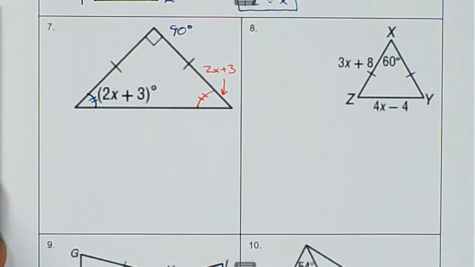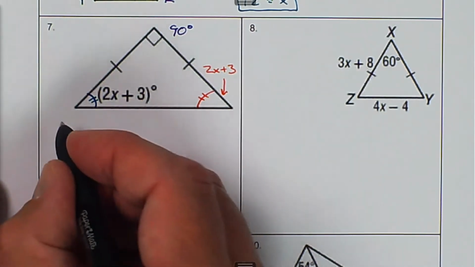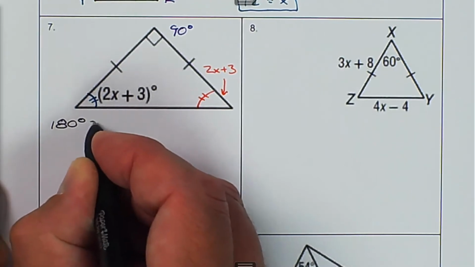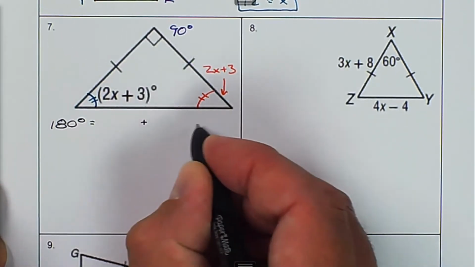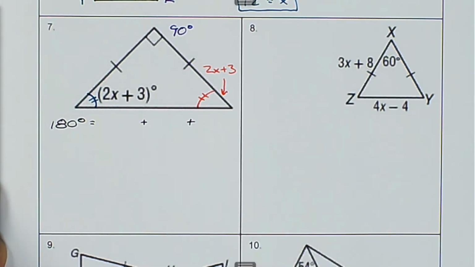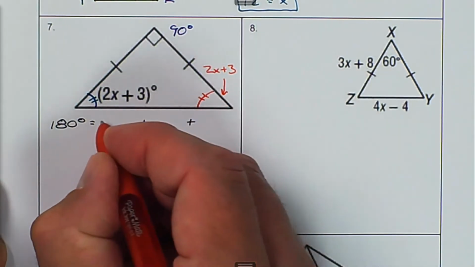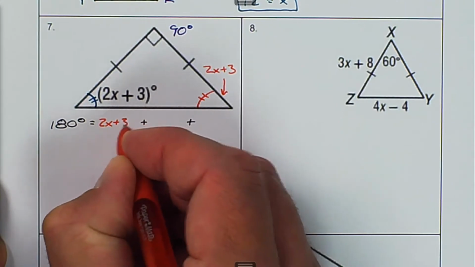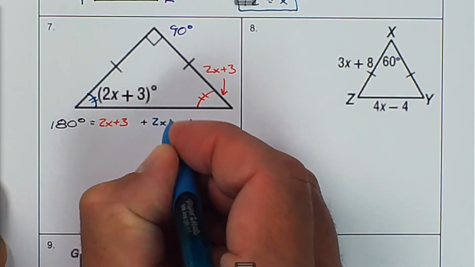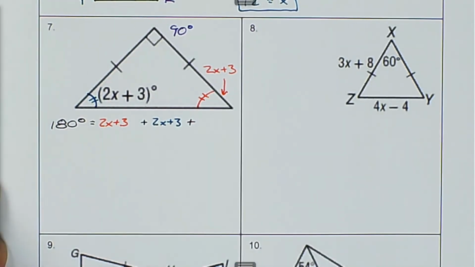So again, we can use the triangle sum theorem, where 180 degrees is equal to all of the angles added together. So we have 2x plus 3, 2x plus 3, and 90.